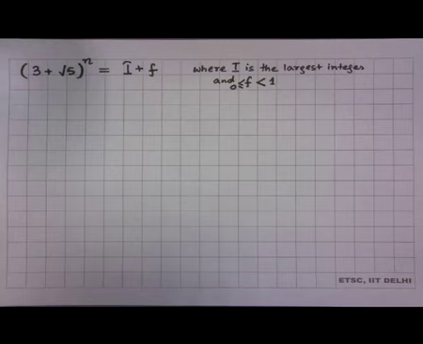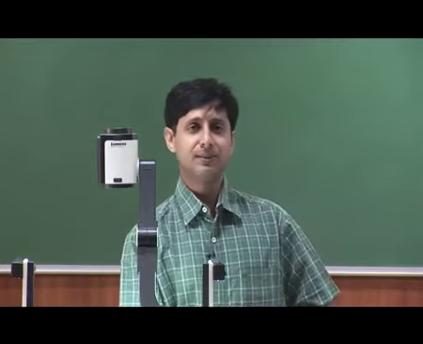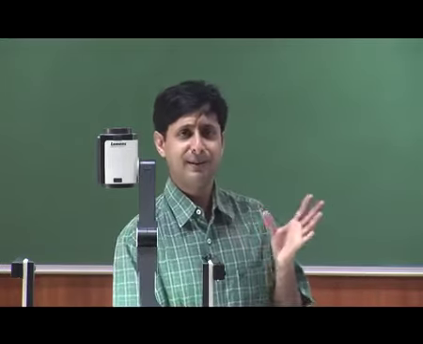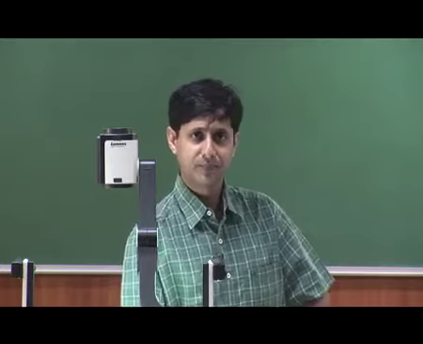So, I is the integer part of 3 plus root 5 whole power n, and f is the fractional part, some part which is less than 1.